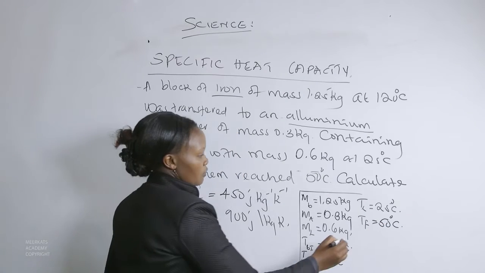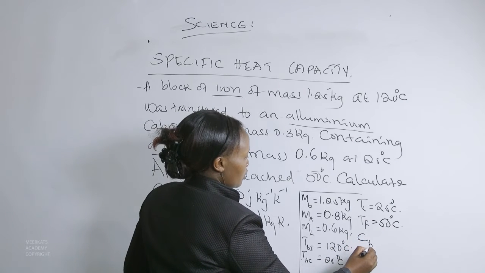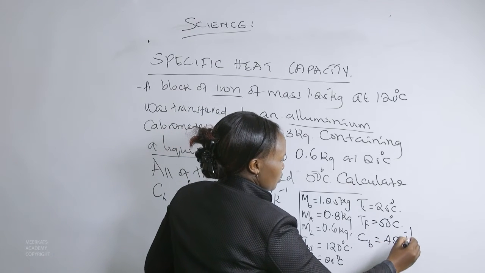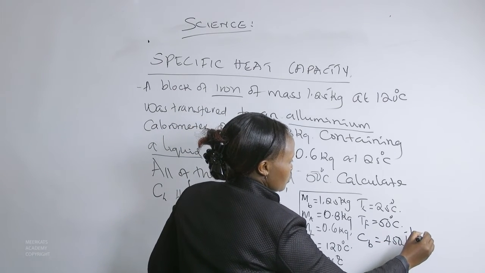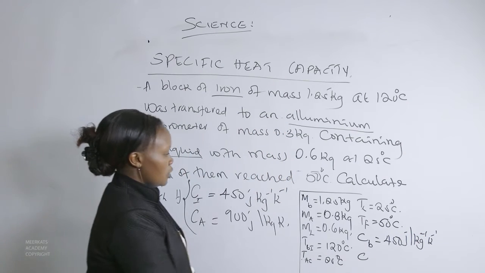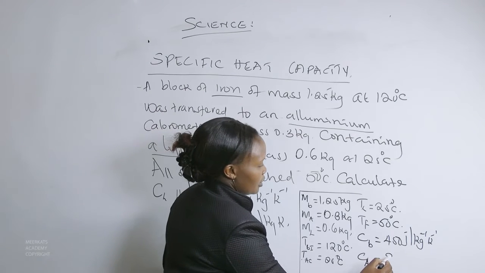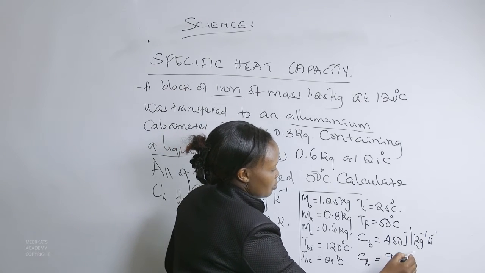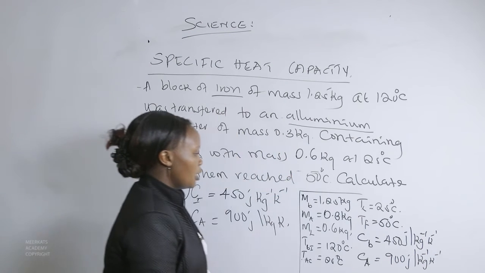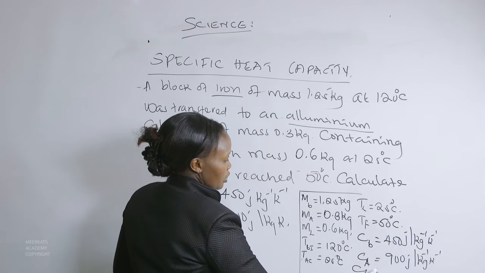Also we have the specific heat capacity of the block as 450 joules per kilogram Kelvin, and that of the aluminium is given as 900 joules per kilogram Kelvin. Now we are after the specific heat capacity of the liquid.